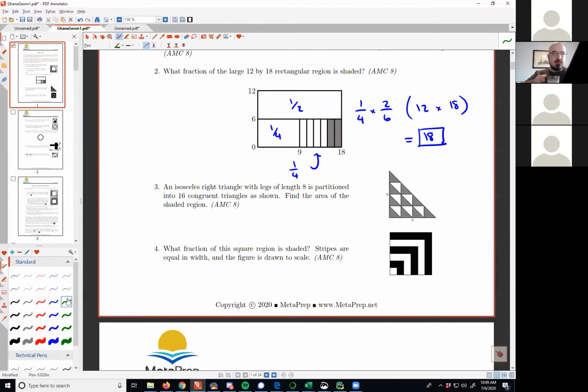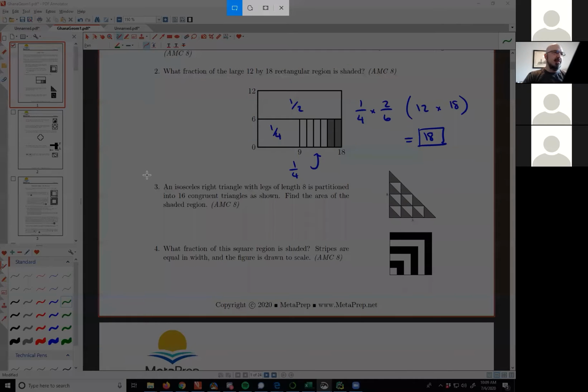So we know that the area of each triangle is 2 units squared. Okay, we can do it by finding the area of each small triangle.